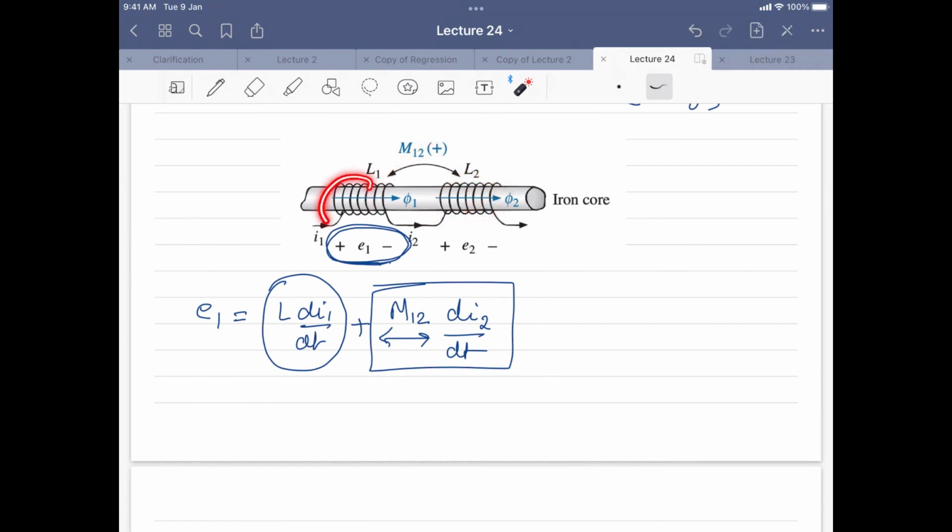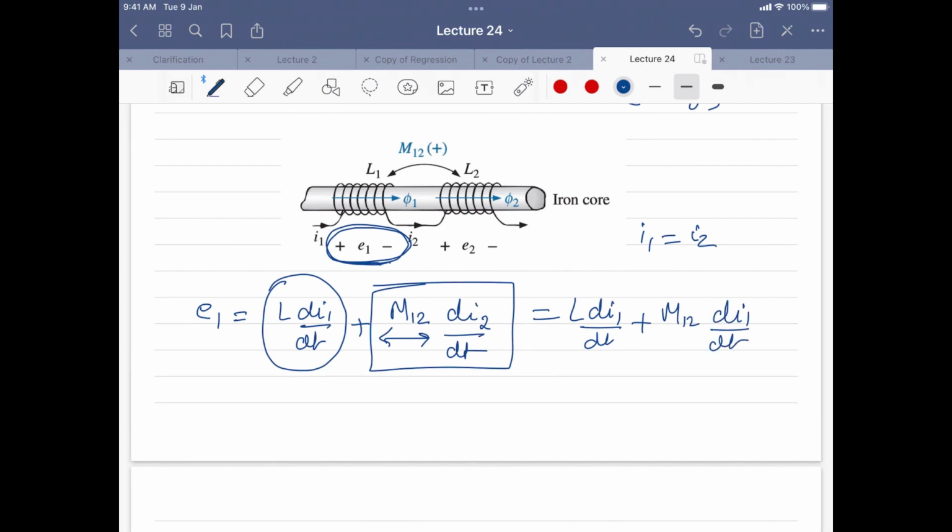So that flux is created due to the I2 factor. It's a series connection, so I1 is equal to I2. In this series connection we will have I1 equal to I2, so you can write it like this: L1 di1 by dt plus M12 di1 by dt.